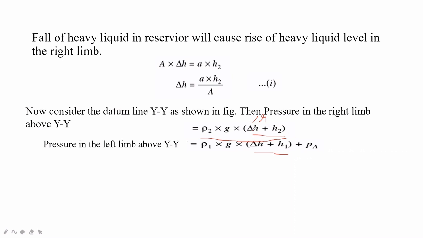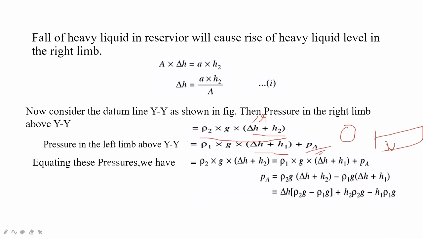Both delta H, whatever the quantity, the effect is the same. But here delta H makes H2 rise. Here delta H1 will make it fall in the reservoir. I hope you understand.